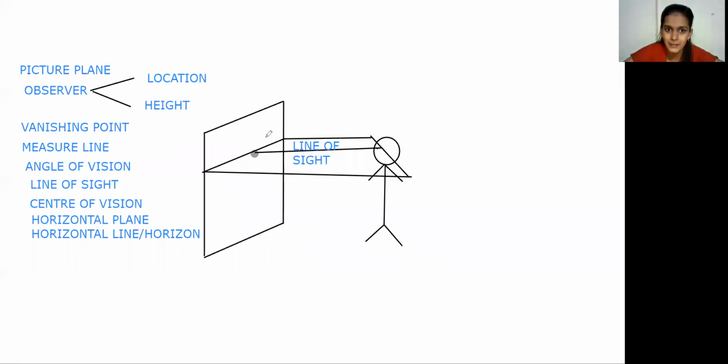I'm highlighting it. Which is this line? The intersection line between our picture plane and horizontal plane. So the intersection line of the horizontal plane and picture plane is known as the horizontal line or horizon.